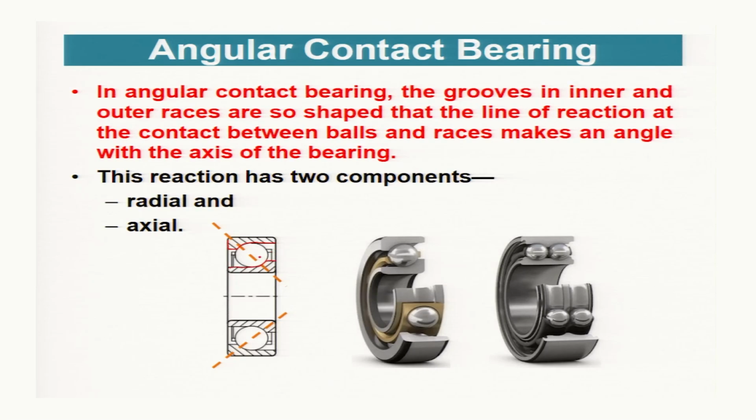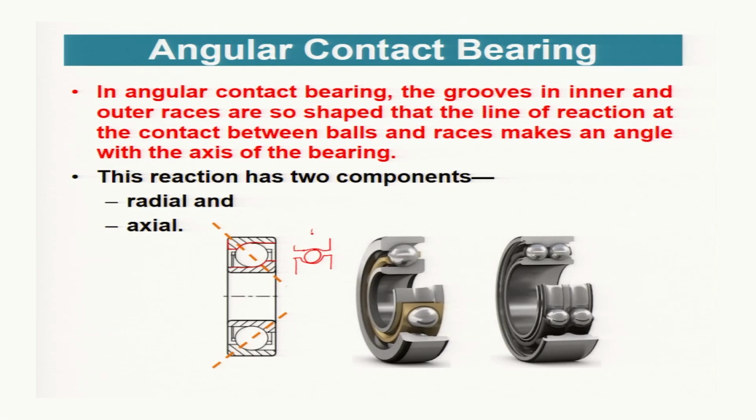You see the difference in the groove. In the simple ball bearing, the grooves are something like this. The ball is here and the groove of outer race is something like this.